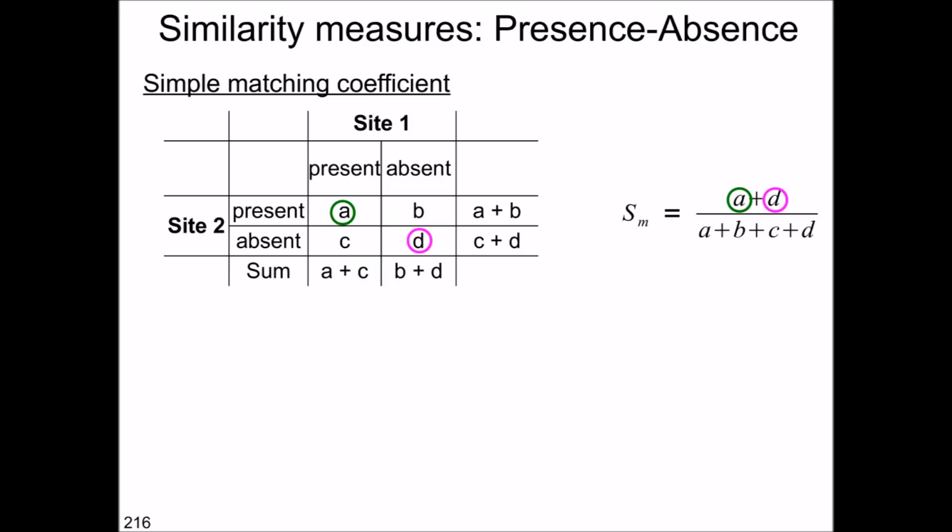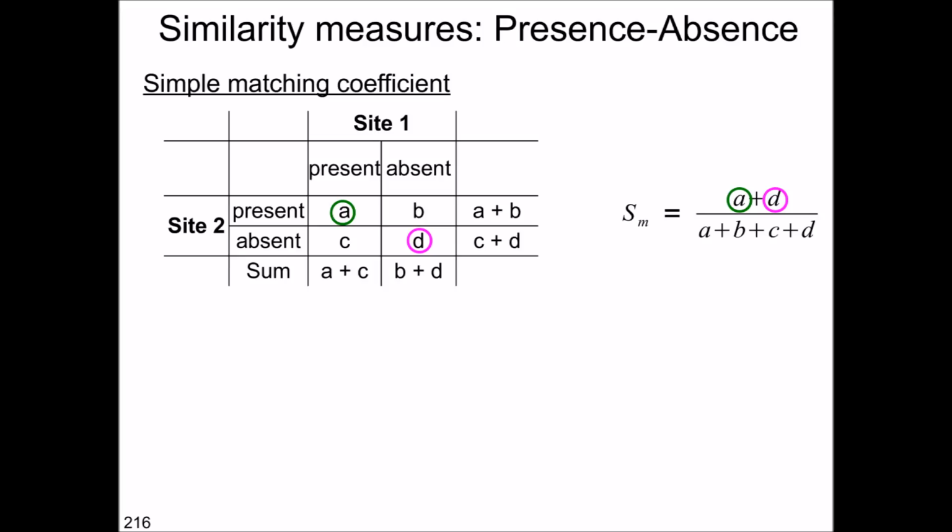Now let's look at one of the most simple similarity measures, and that is used for presence-absence data. It's called the so-called simple matching coefficient. We have here the case for 2 sites.